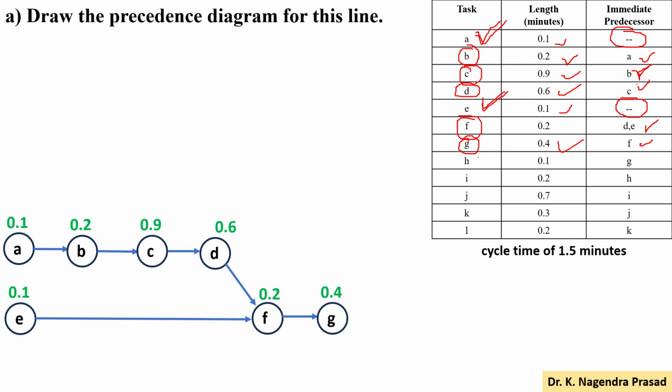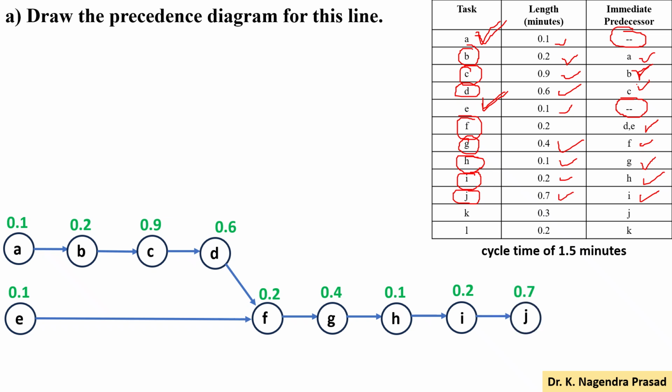Next is task H. Task H will start after G and its processing time is 0.1. Next is task I. It will start after H and its time is 0.2. And next is task J. It will start after task I and its time is 0.7 minutes.